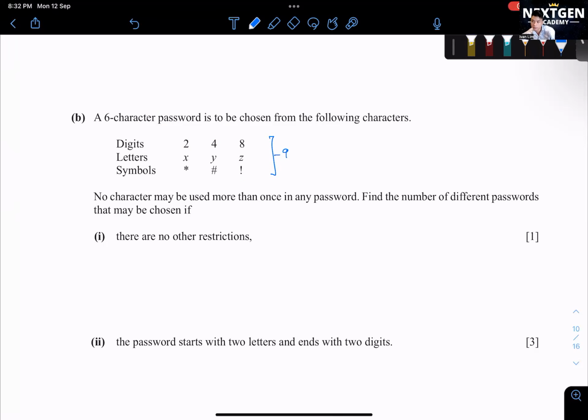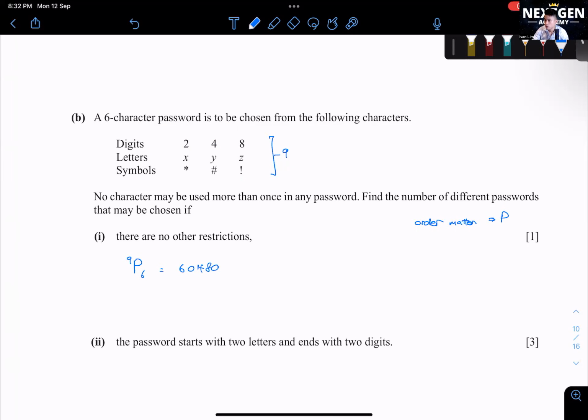So this will be a permutation type of question. So we just need to do 9P6. You can always write it like this first, order matters, at the side, so you know that it's a permutation type of question.